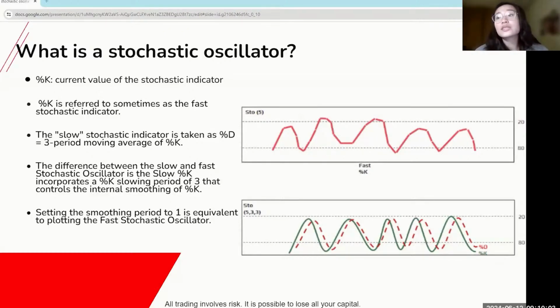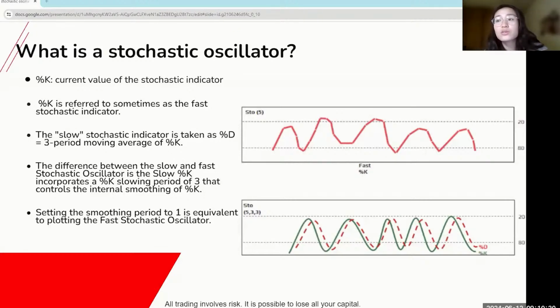The second line is called the D line, and it's basically the moving average of K over a certain number of periods. I have a more in-depth explanation of it here on the slide if you are interested.